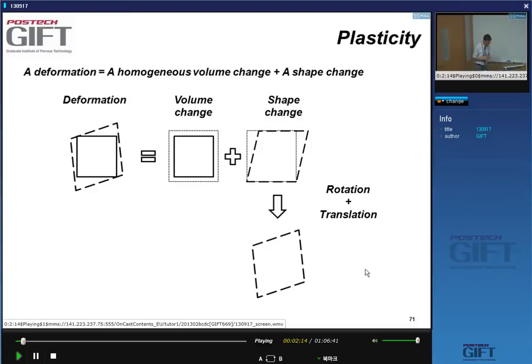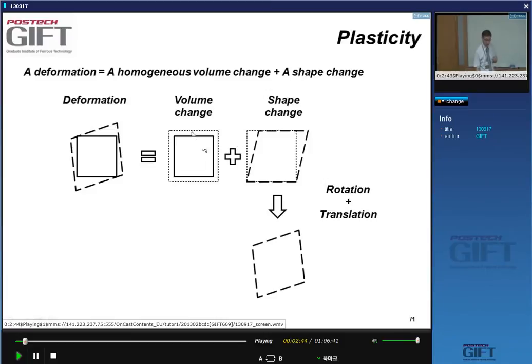So when we discuss plastic deformation, we have 2 things to consider. First, let's look at what happens when we deform this little square here, and it becomes this dashed geometrical shape. This deformation, I can cut up into a number of events. First of all, I can have a volume change separately, and then a shape change.